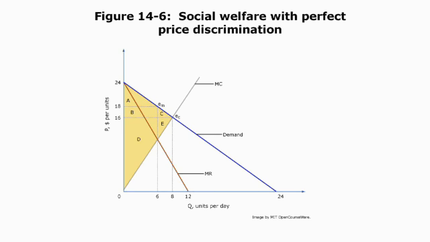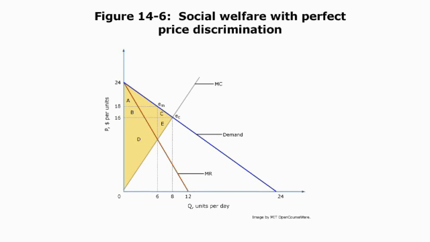Here's the price discriminating monopolist. This is a perfectly price discriminating monopolist, someone who can charge a different price to every single consumer. If you were a perfectly price discriminating monopolist, what would you charge the first consumer? 24.